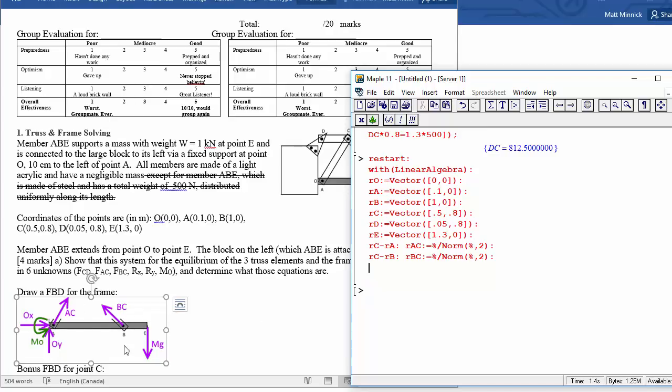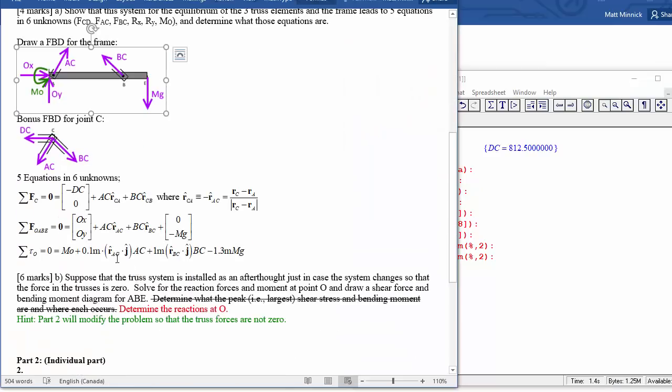Well, now that we've got that, we can write out the force here. Let's start with the torque equation. The torque equation for this part would be: the y component of AC is what we needed when we were writing those things out.